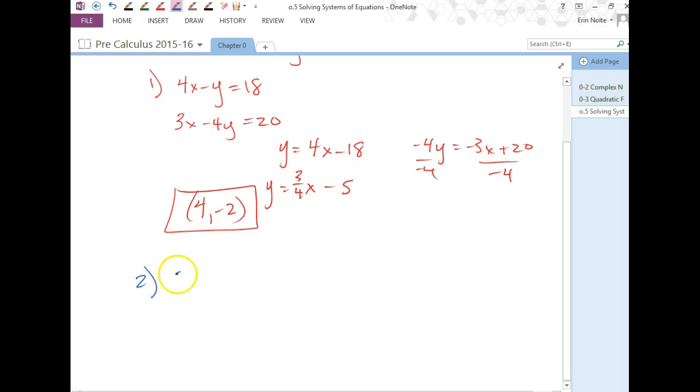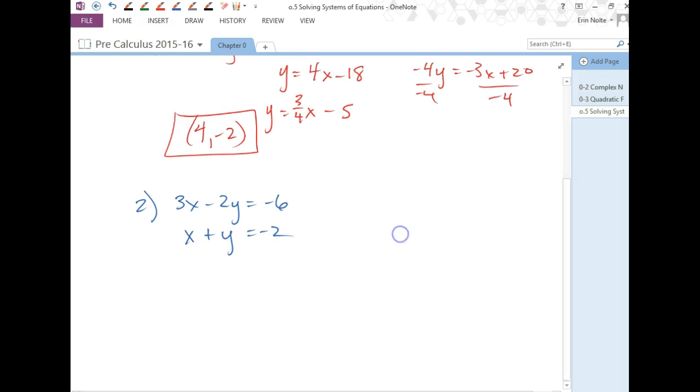Okay, so let's say this time we have 3x minus 2y equals negative 6. The other one is x plus y equals negative 2. Okay, so before I type this in, I got to do a little bit of algebra on the top equation. I would subtract the 3x. And then what?